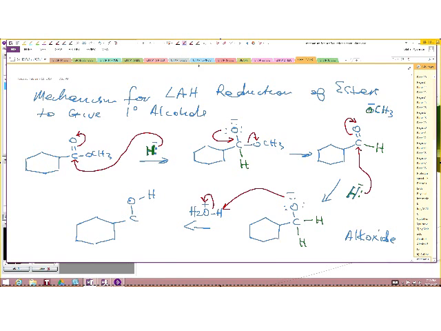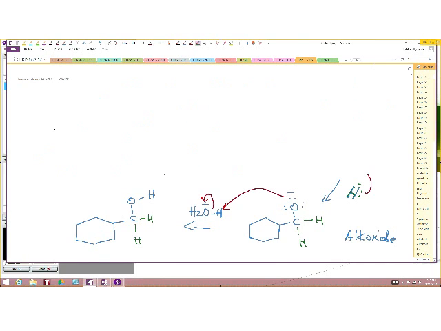This hydrogen is from the dilute acid, and the other two hydrogens here, this here and this here, are from the lithium aluminum hydride, from LAH. Okay. And that is how you go from an ester to a primary alcohol.